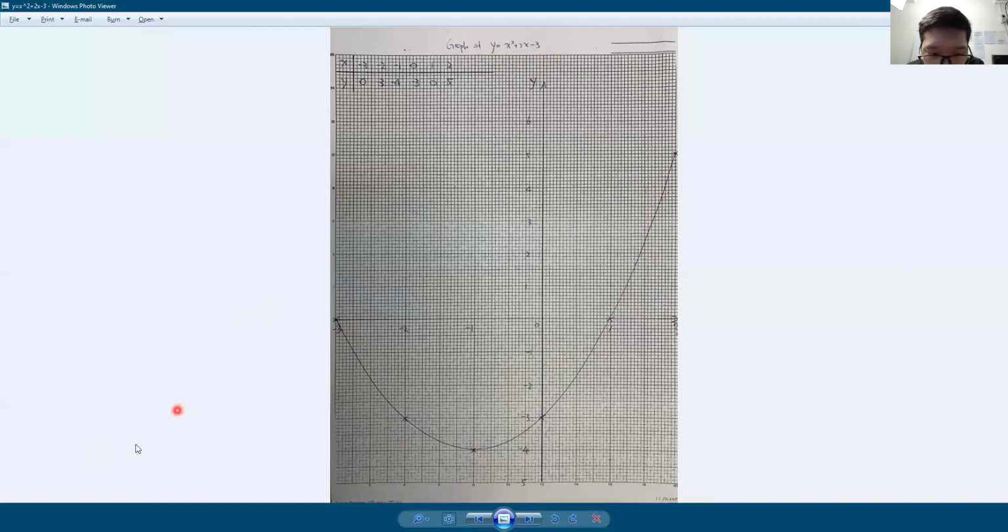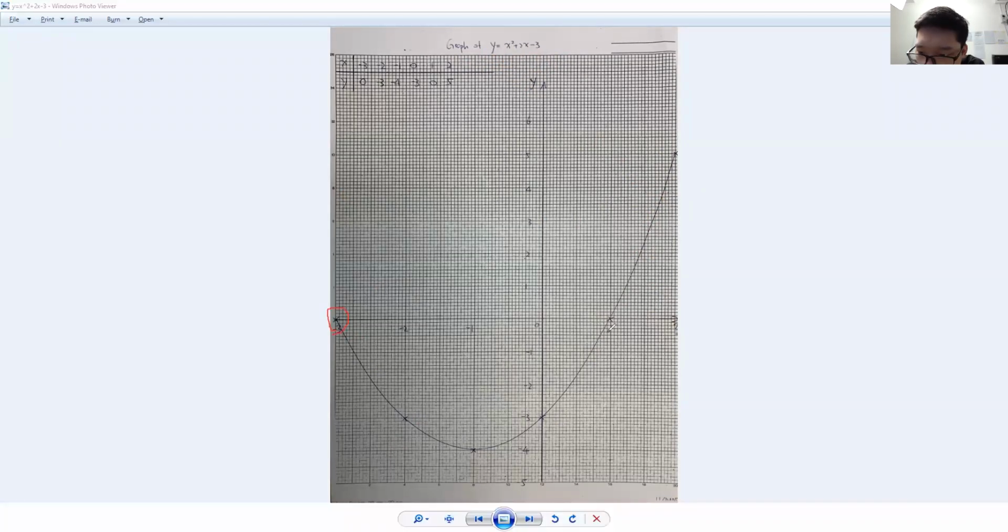That's why we can say this curve is representing this equation or function. This function can be expressed by drawing this curve. That's why they are equivalent. Now for this point and this point, the x-intercepts, I don't write y anymore, I just put in the number, because at the x-intercept the y value must be 0.